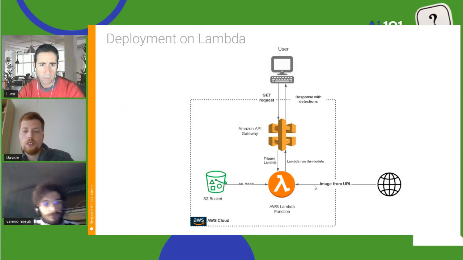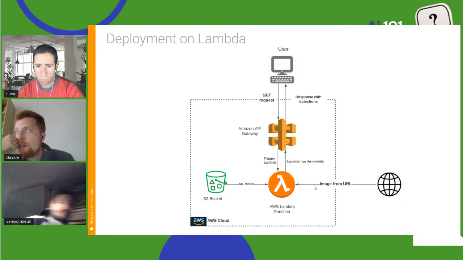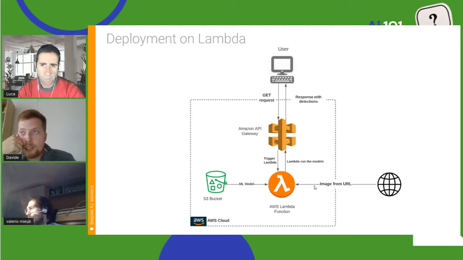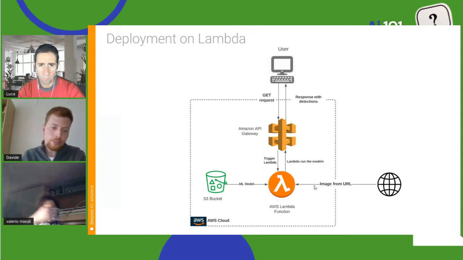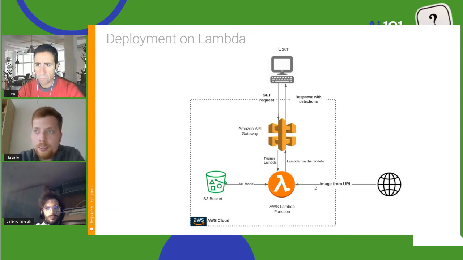No, I don't think the biggest bottleneck is the downloading of the image, because as you can see here, there is another thing that will be downloaded on the fly. That is the machine learning model, the parameters of the model, and they are much bigger than the image.